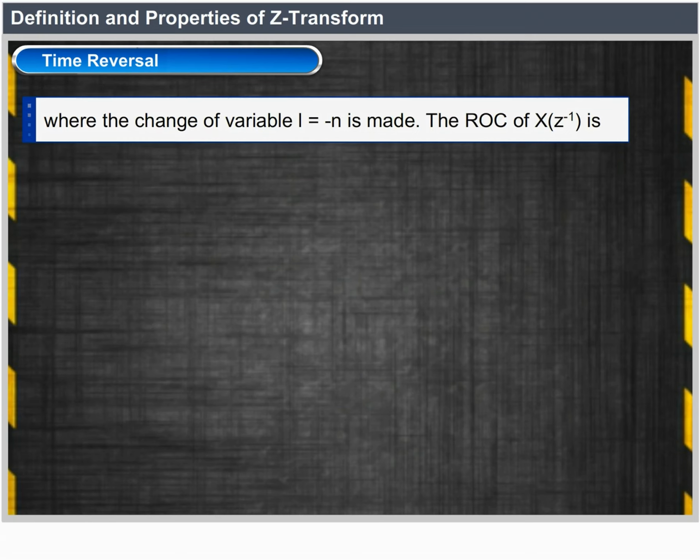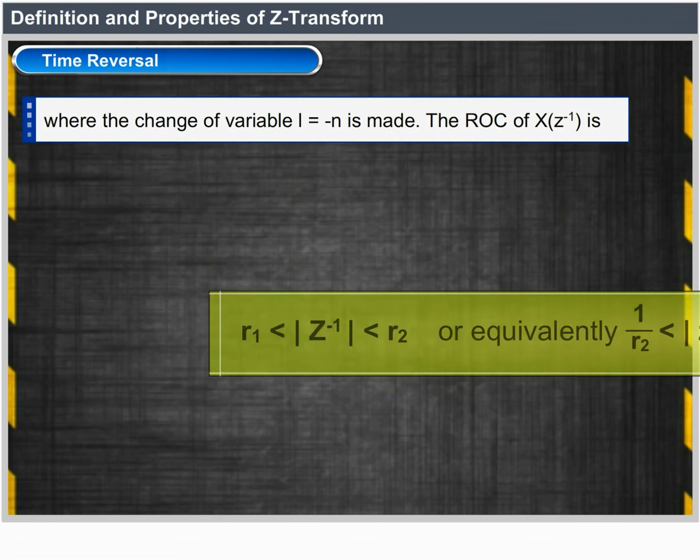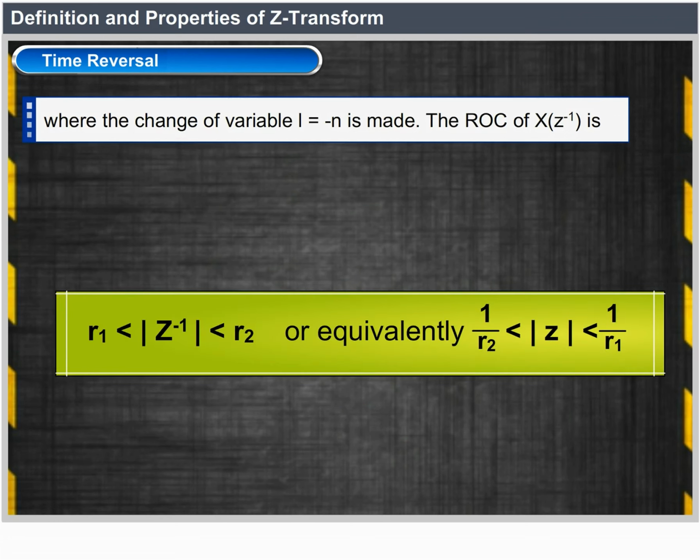The region of convergence of X(z^-1) is R1 < |z^-1| < R2, or equivalently 1/R2 < |z| < 1/R1.